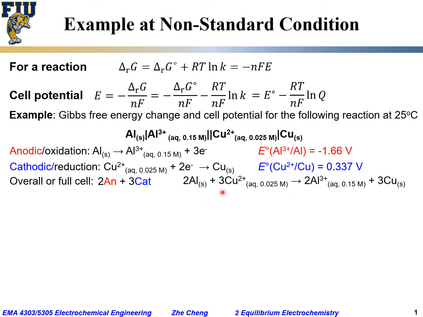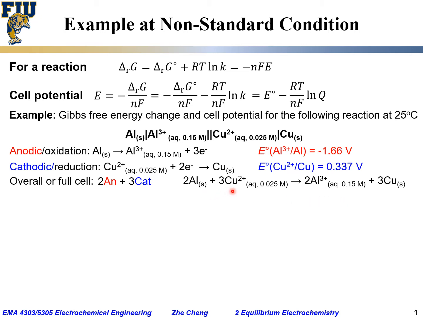So the mass is balanced. What about charge? 3 times 2+, totally 6+ on the left, 2 times 3+, totally 6+ on the right.